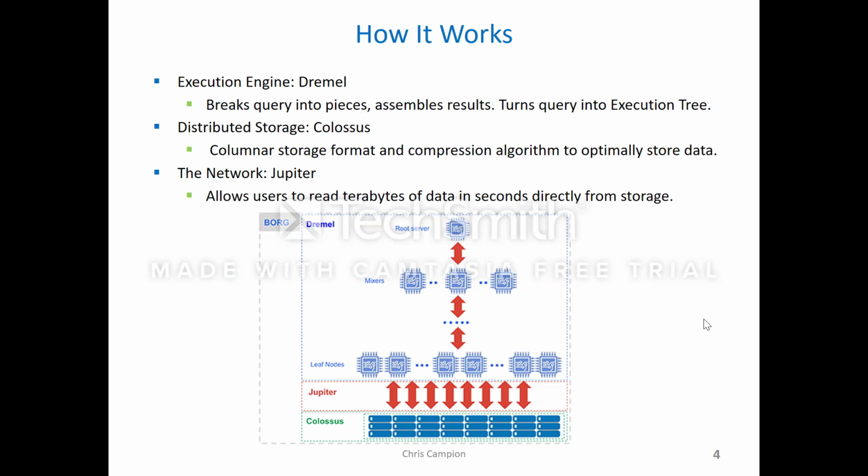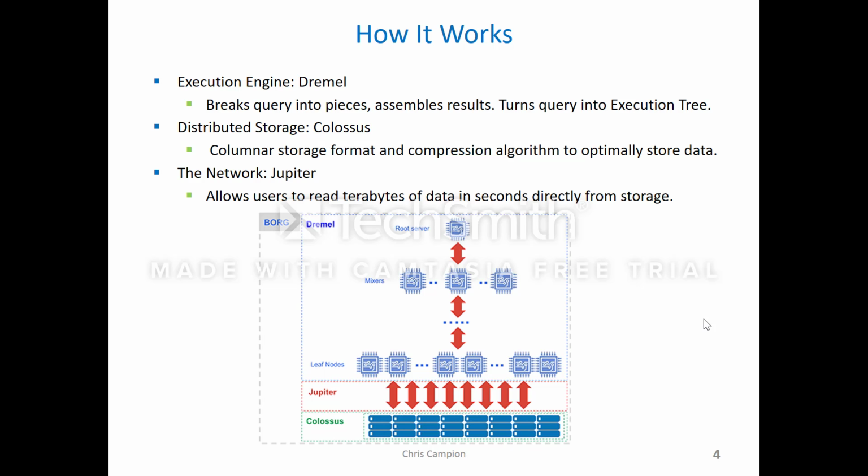So how does it all work? Three major parts here that I'm going to mention. I could probably spend a lot of time talking about this. This is quite complicated. But at a high level, you're looking at an execution engine, which is called Dremel. And this essentially just breaks your query into pieces, and then it will assemble all of the results. So it turns the query basically into an execution tree.